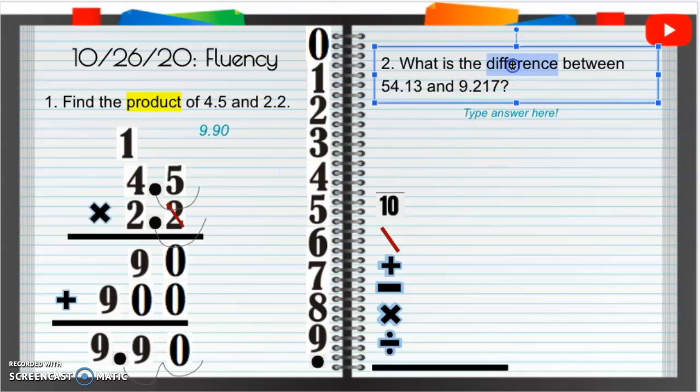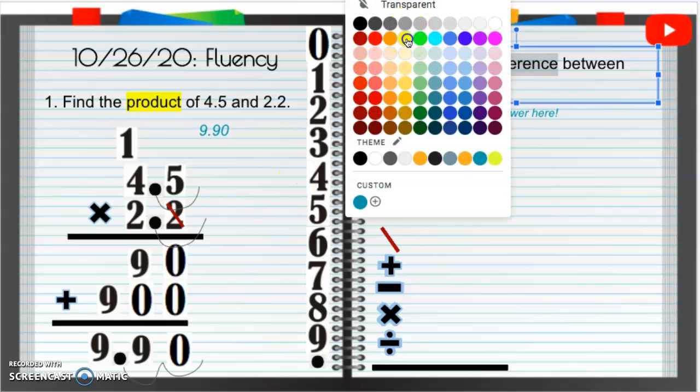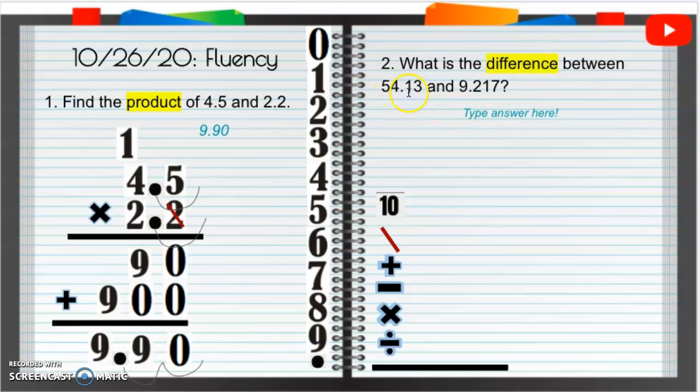What is the difference between 54 and 1300 and 9 and 217 thousandths? Difference means the answer to a subtraction problem. So let's do 54. Now, when I'm adding or subtracting decimals, what do we have to do?